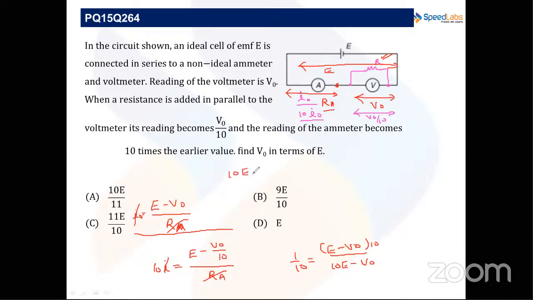So 10E minus V0 is equal to 100E minus 100 V0. Bring V0 all to one side. So 100 V0 minus V0 is 99 V0, equal to 100E minus 10E, that is 90E. So V0 is 90E by 99. Cancel out 9. So 10E by 11. That is option A. Is it clear?